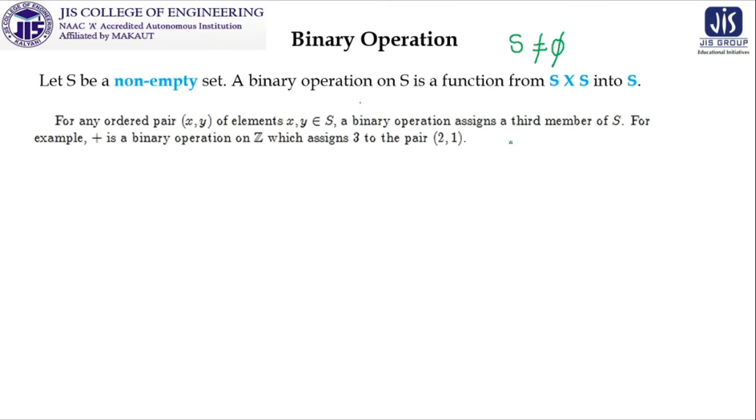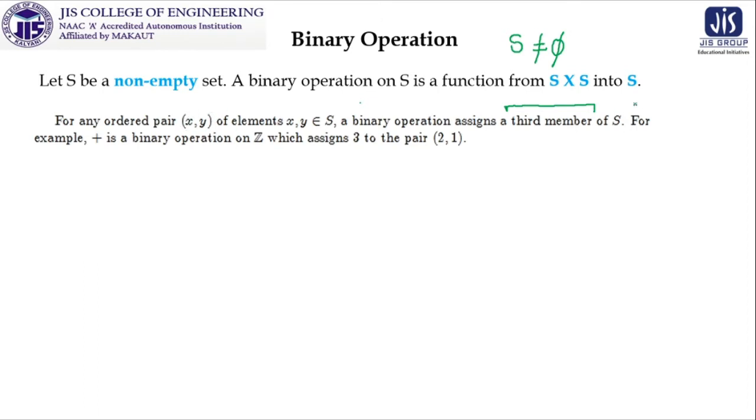So let us check. If we take an ordered pair X and Y from S, the binary operation assigns a third member of S. It is not at all mandatory that the third member be distinct from X and Y; they may be the same.